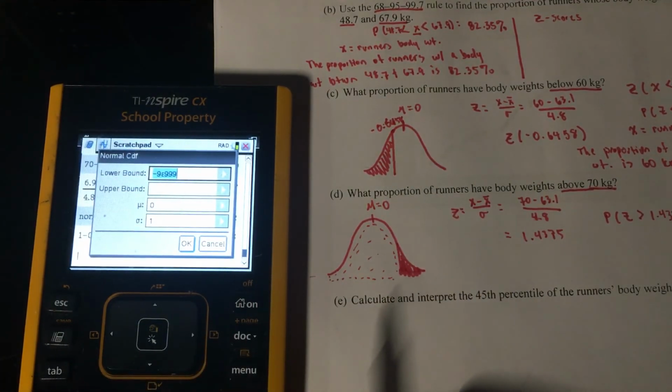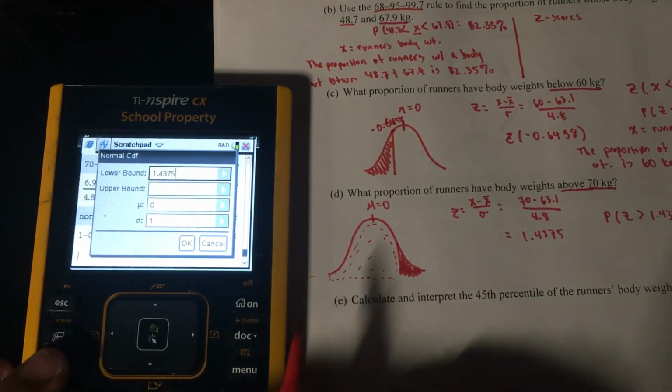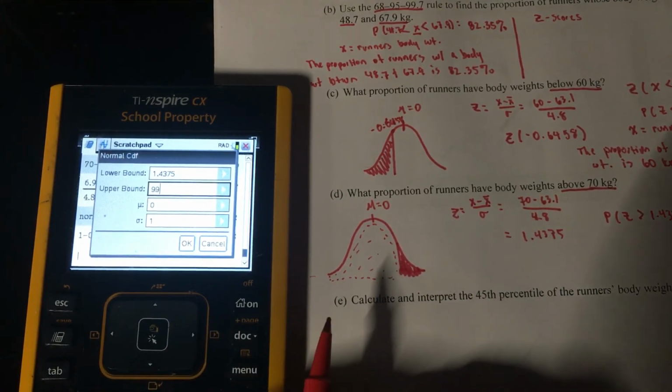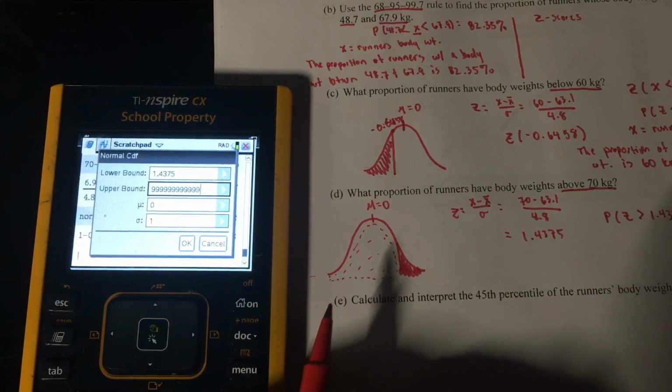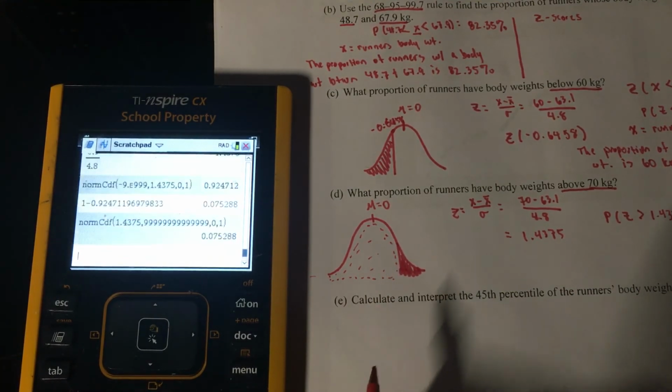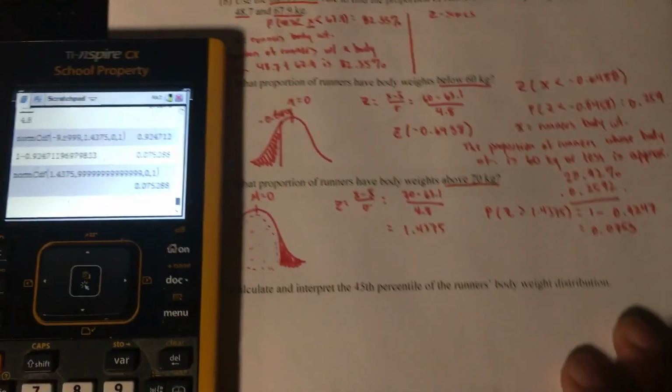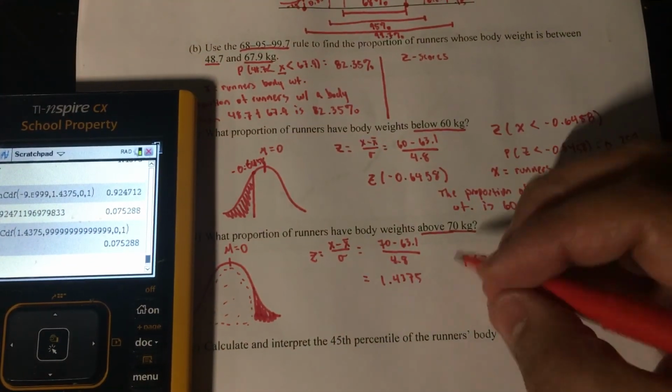Okay. Now you could have also said your lower bound was the 1.4375 and then just say that the upper bound is just some big number. Just put a bunch of 9s here, and you see I still get the same answer, 0.0753. Okay, so two ways to go about this. Again, if you want full credit, you have to write a sentence.